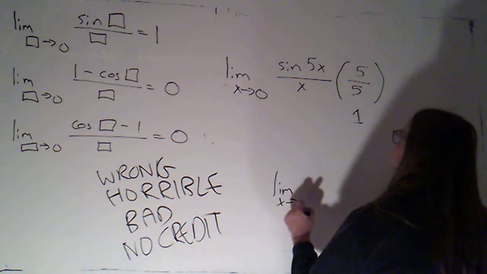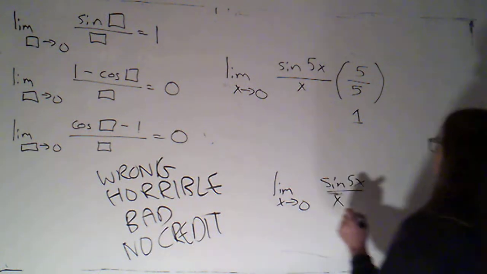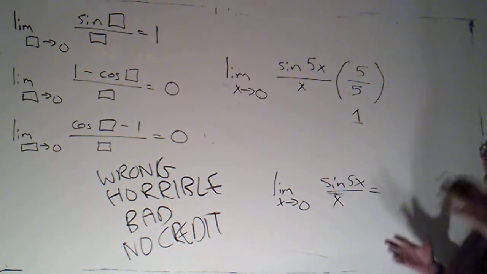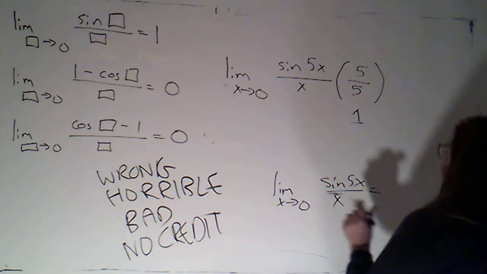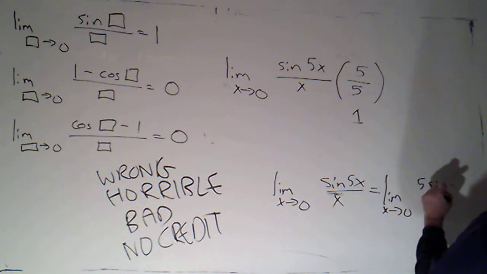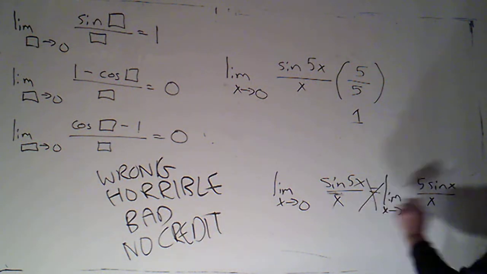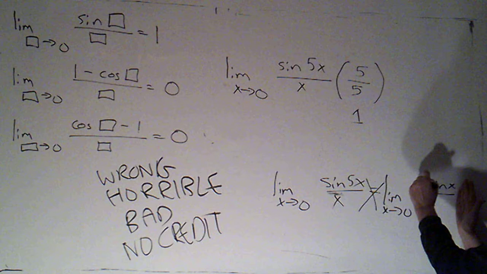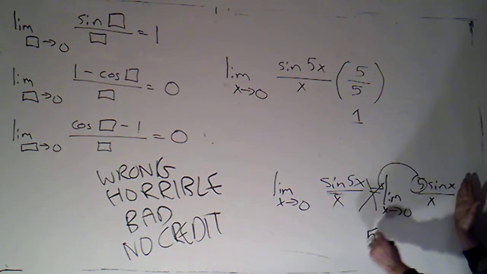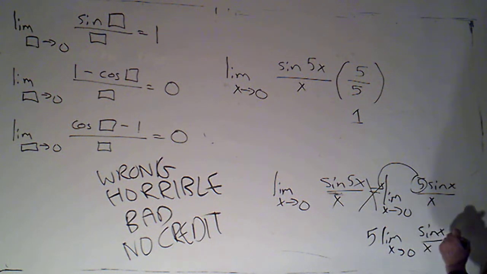The limit as x goes to 0 of sine 5x over x is equal to, I'm shuddering as I'm about to commit this horrible mathematical atrocity, the limit as x goes to 0 of 5 times sine x over x. I can't do that. Now, if I evaluate this, this is constant. I could factor it out. That is 5 times the limit as x goes to 0 of sine x over x. That is 5 times 1, which is 5.